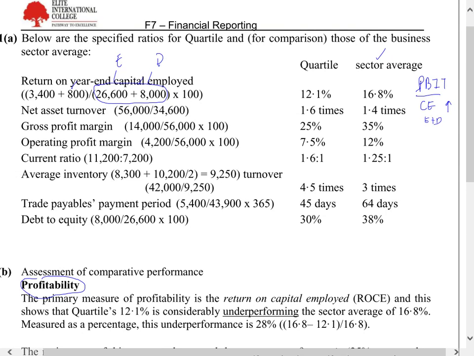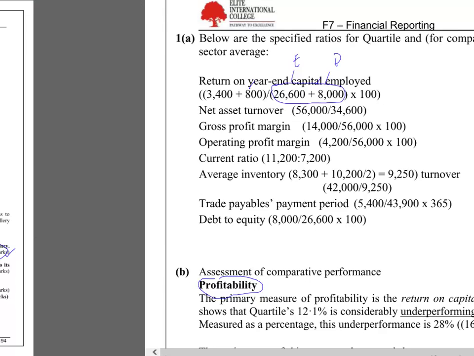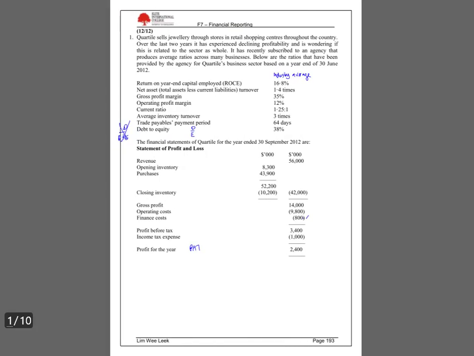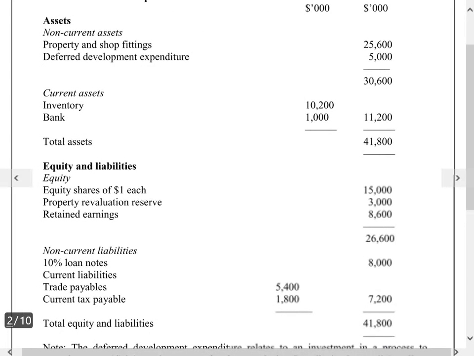If I borrow more money or I introduce more shares or more capital into the business, my capital employed increases. What happens to my ratio? It will go down. So one of the reasons could be that I have higher capital employed. So we look at last year, we look at our financial position.